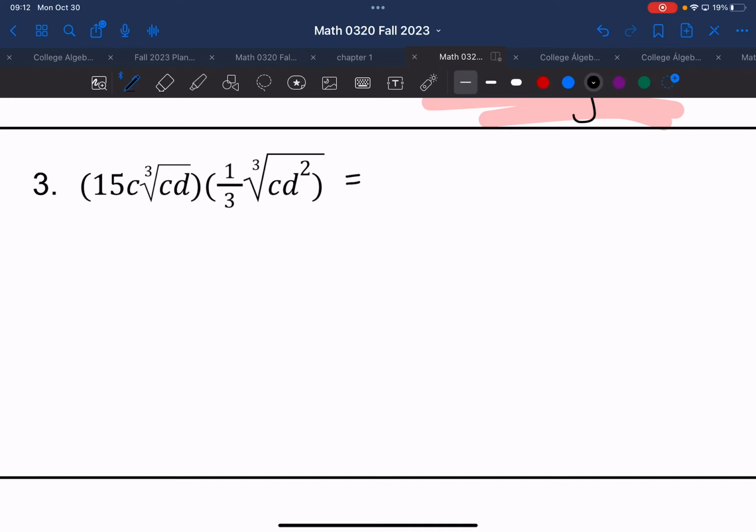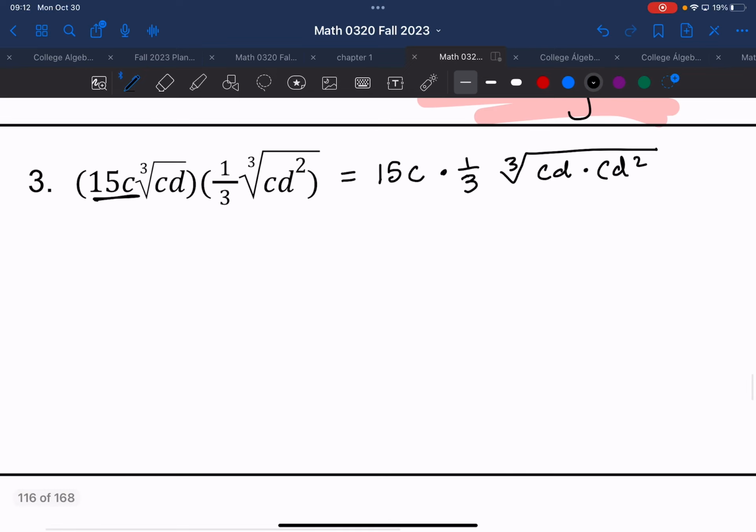So what's on the outside? 15c, don't forget the c right there, and then times 1/3. Okay, what about the inside? Good, cd times cd squared.